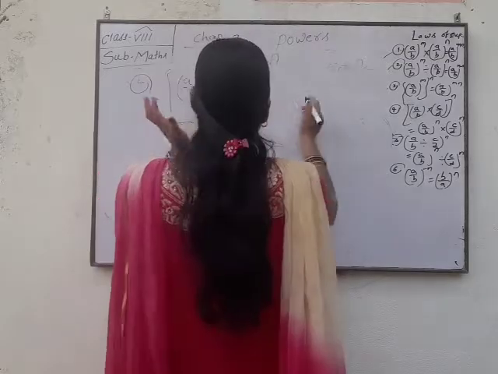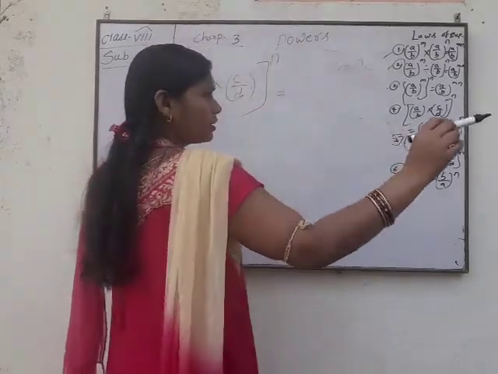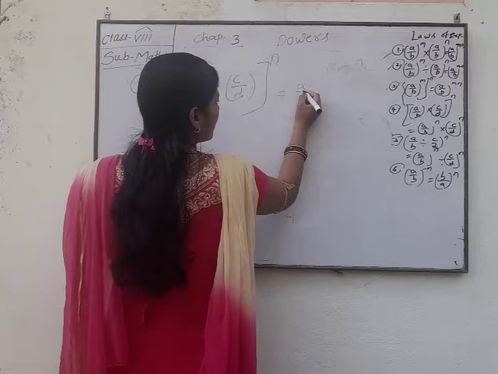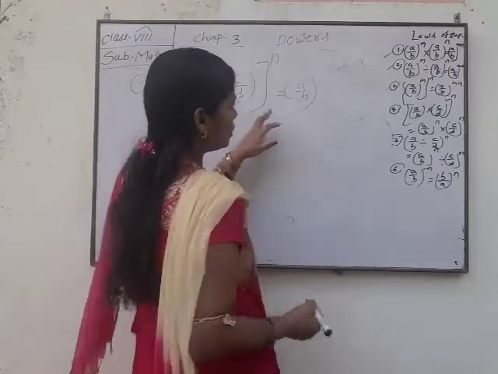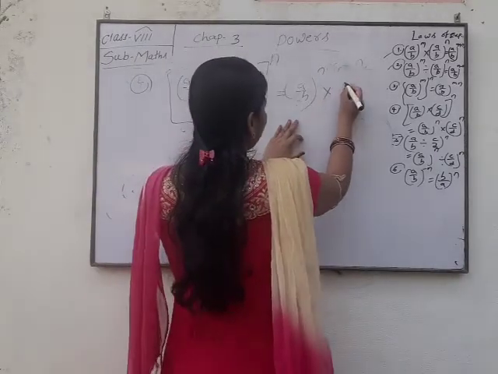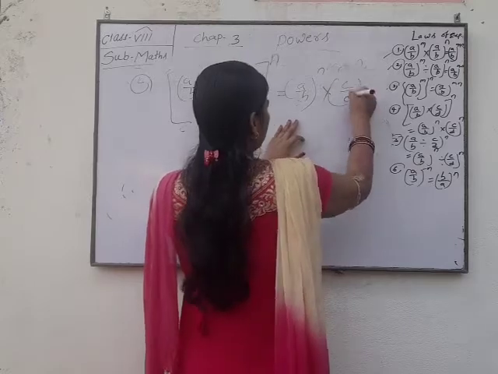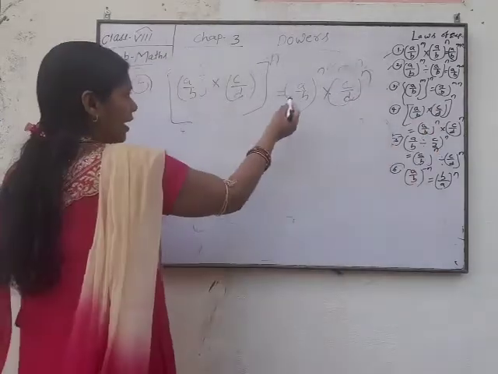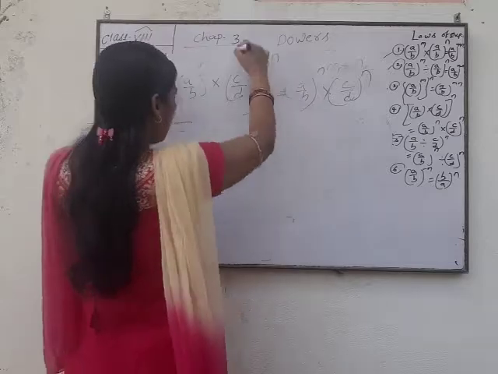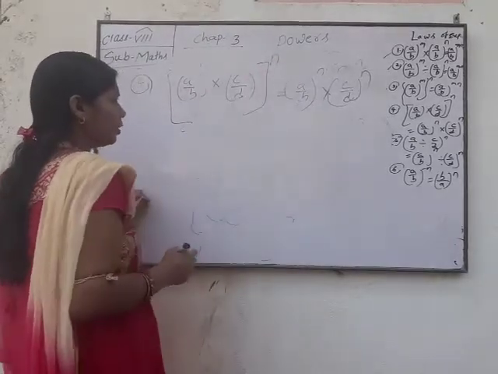Then what is your formula? a by b to the power n into c by d to the power n. Here whole to the power n. Okay.